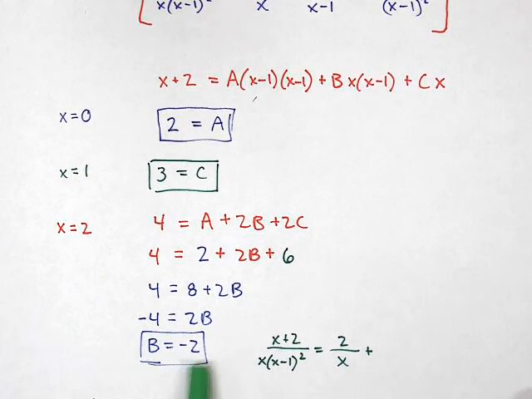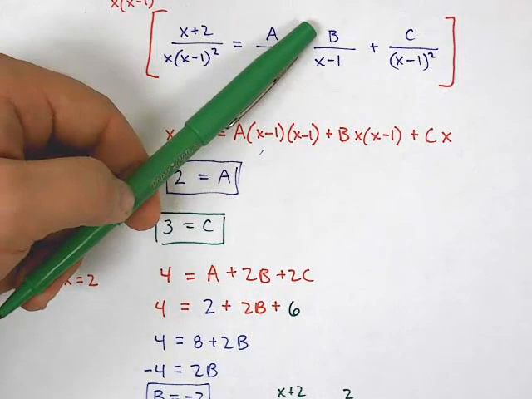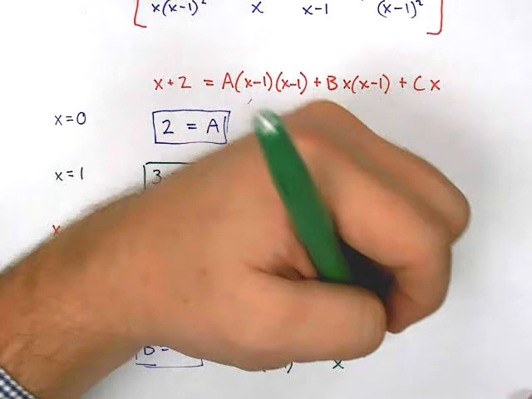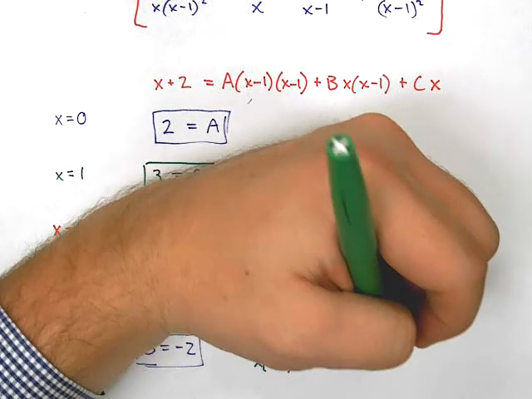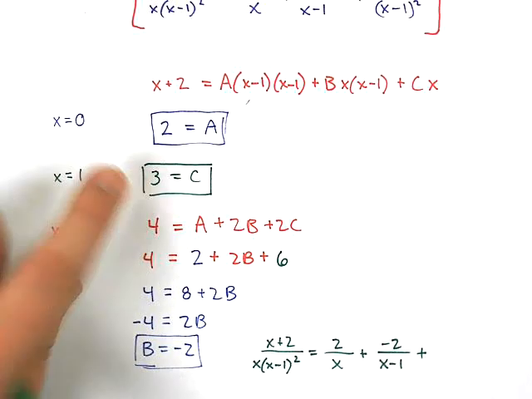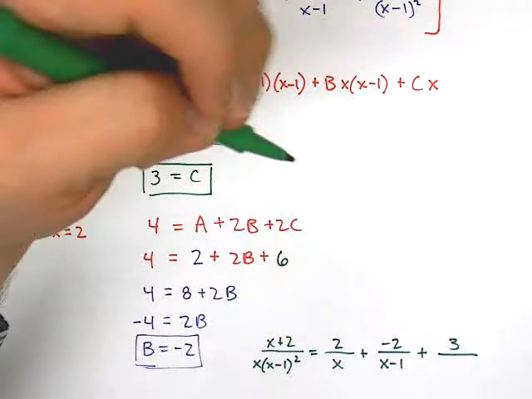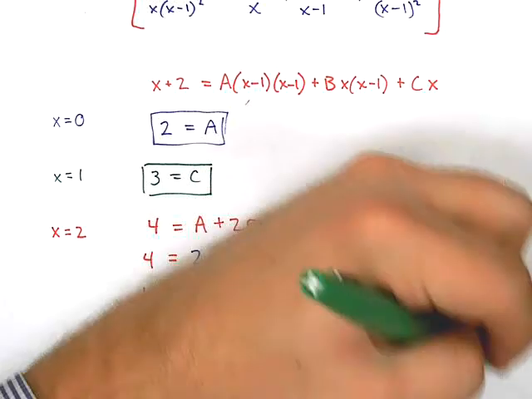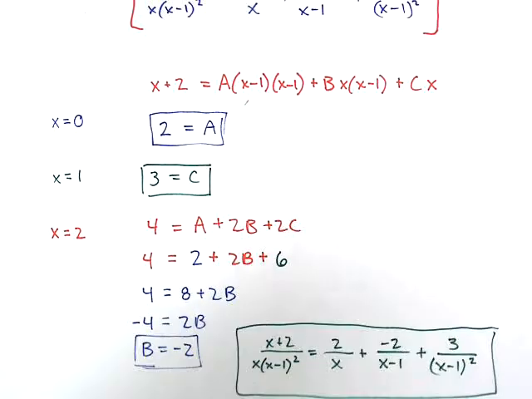Now my b value is negative 2, so b divided by x minus 1 means I would write negative 2 over x minus 1. And then lastly, my c value was 3, so 3 over x minus 1 squared. And that should be my final answer.